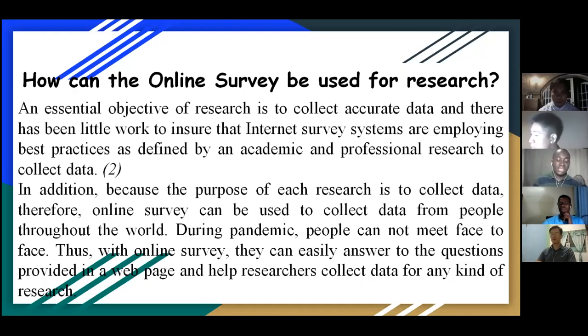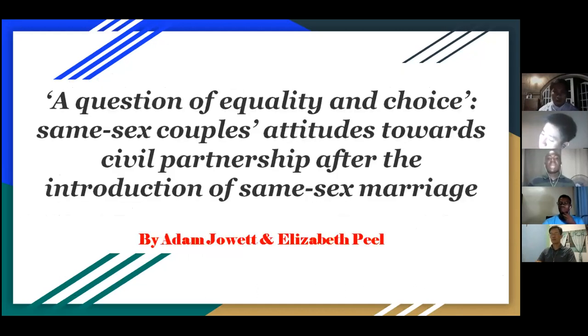So let us now see a kind of research whose researchers use the online survey to come up with their results. As example, we have this article, which is entitled A Question of Equality and Choice, Same-Sex Couples' Attitudes Towards Civil Partnership After the Introduction of Same-Sex Marriage. This is the title of the research, written by Adam Jowett and Elizabeth Peel.